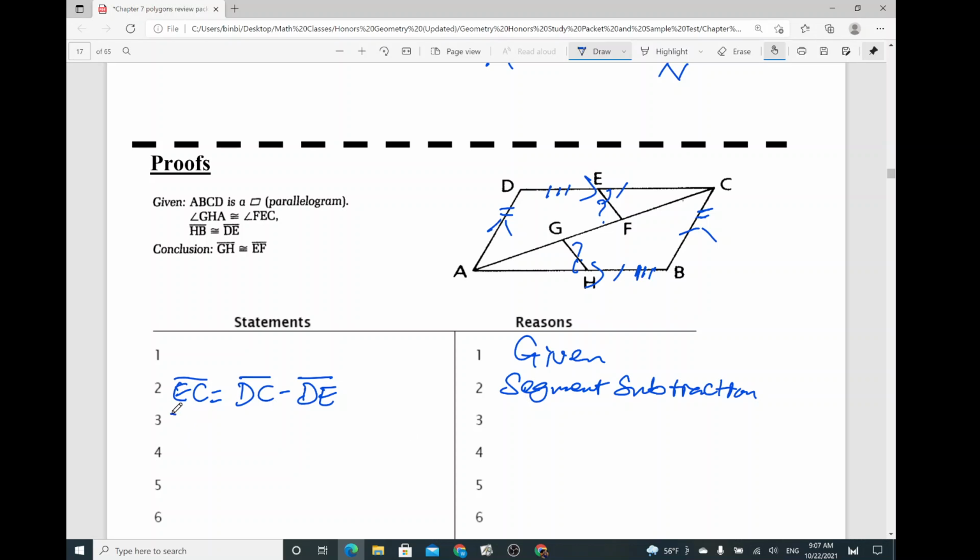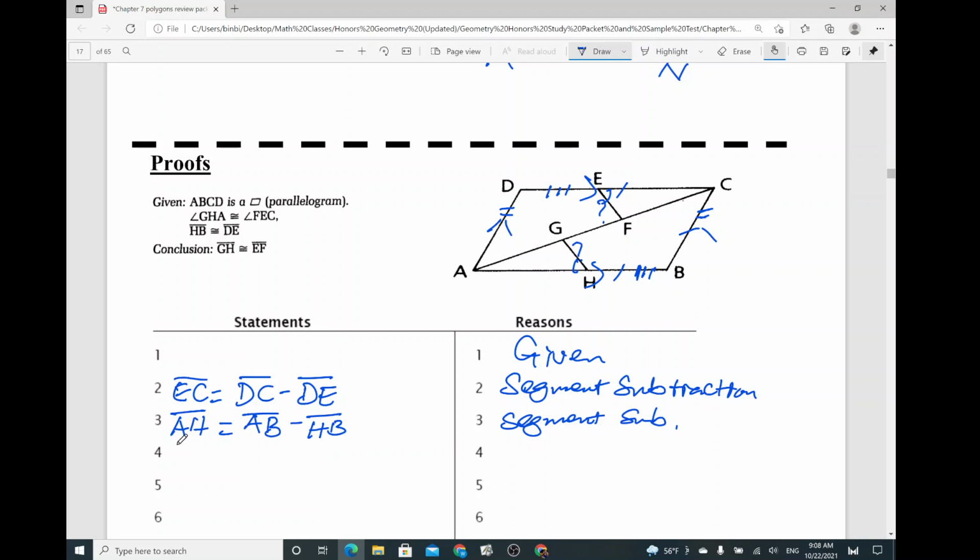And then the other one, similar, for step 3. Down the bottom here, AH is equal to AB minus HB. It's the same reason: segment subtraction postulate.